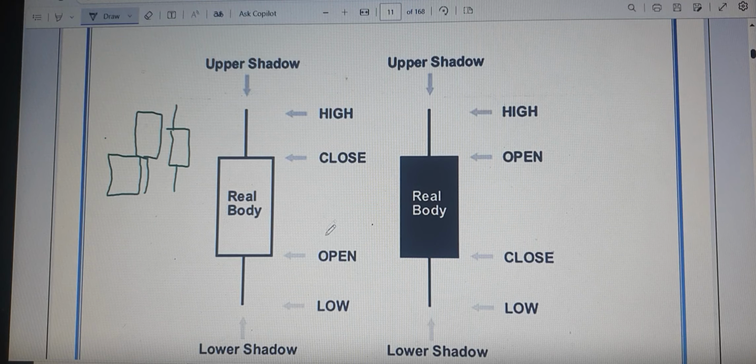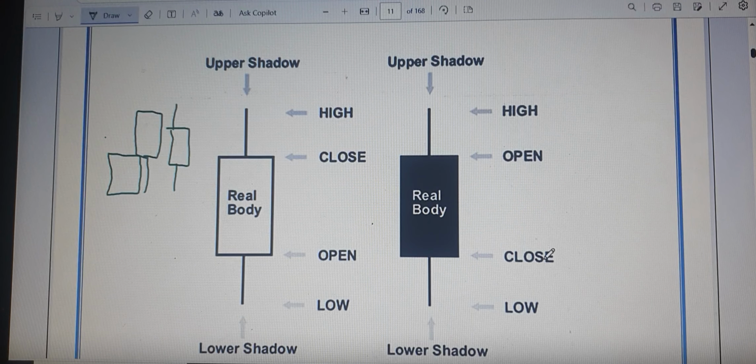It opens from down and closes up. The bearish candlestick is just the opposite: it opens from up and closes down. It is a candlestick for sellers, they are the ones pushing it down. Let me write it here.